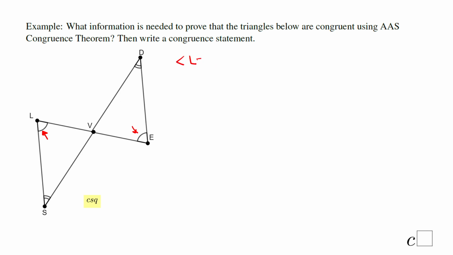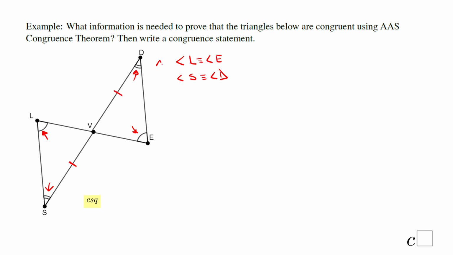Angle L congruent to angle E. We see angle S congruent to angle D. And we have the two angles in these patterns, angle, angle, side. What will be the next thing? Again, we have two choices, like in the previous problem. We can have this side VS and this side VD.